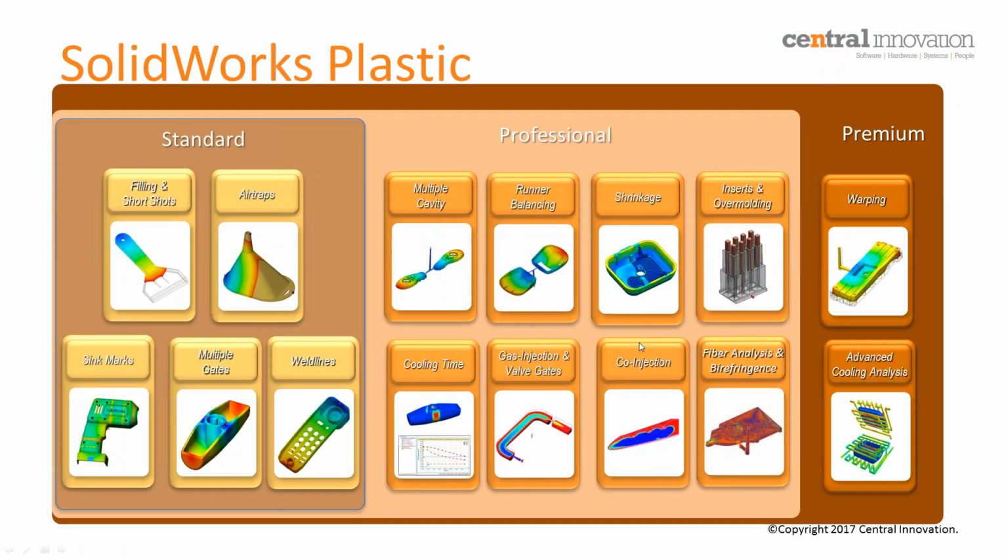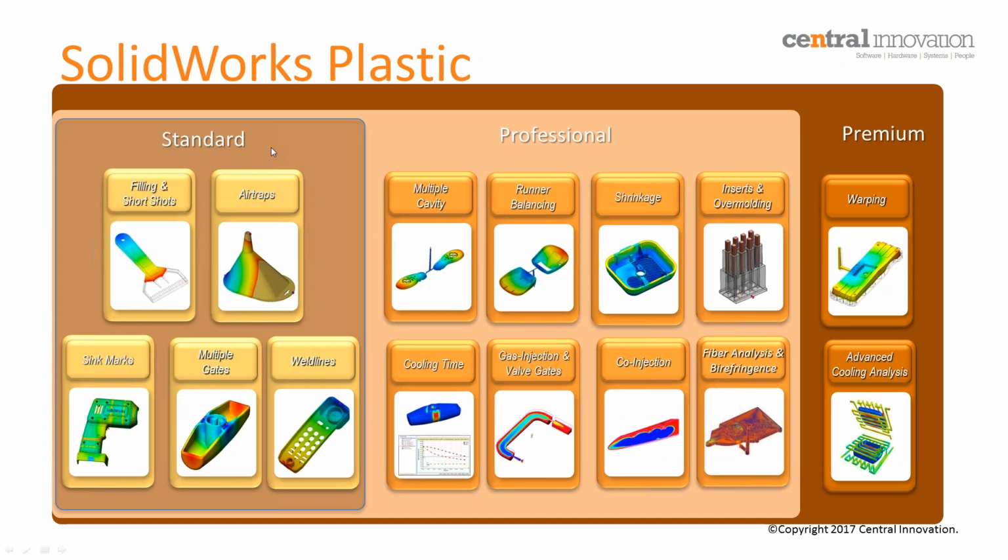to what we have here in different, let's say, licensing structure. SOLIDWORKS Plastic is an add-on to your CAD work. Therefore, there is no standalone. What you have to do is basically you have the SOLIDWORKS CAD in any level, and any level of SOLIDWORKS Plastic can be added to that.